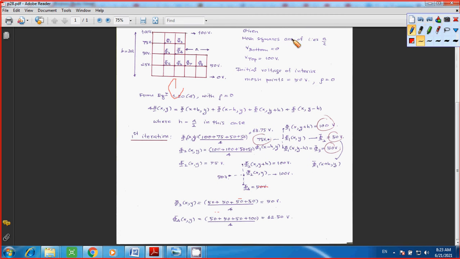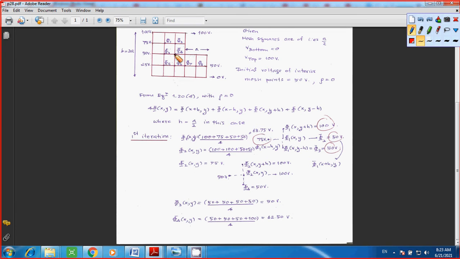What about phi 3? This is your phi 3. Phi 3 going to be equal to phi 1 plus 50 plus phi 5 plus phi 4, right? And phi 4 and phi 5 equal to 50 volts. So you have phi 3 equal to 50 volts.